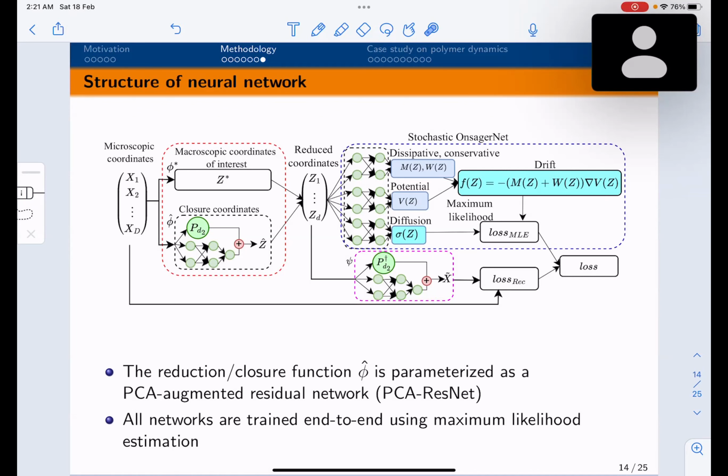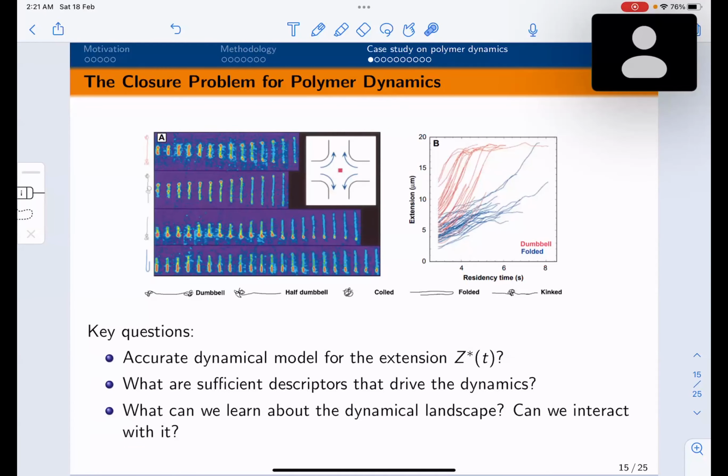Okay, then I will introduce our application in polymer dynamics. You can see this figure for polymer dynamics. The unfolding time is very different, right?